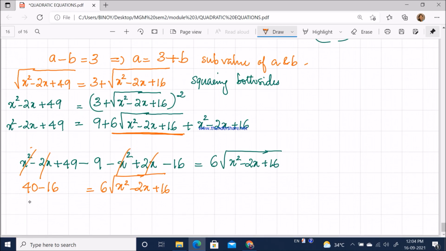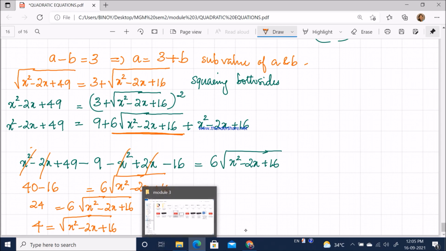So it is 24 is equal to 6 root of x square minus 2x plus 16. So I can take the 6 to the other side. So it will be 4 is equal to root of x square minus 2x plus 16.